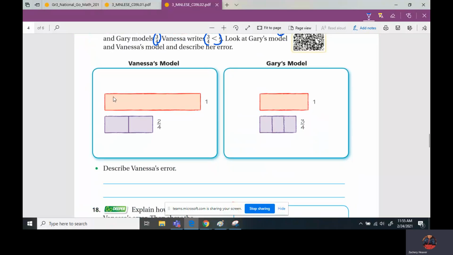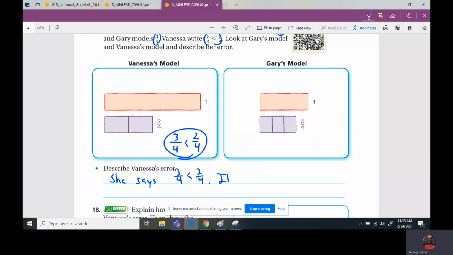It says, describe Vanessa's error. Well, Vanessa says that 3/4 is less than 2/4. Well, what is her error? Her error is simple. It's right here. She says 3/4 is less than 2/4, which means 3 is less than 2.